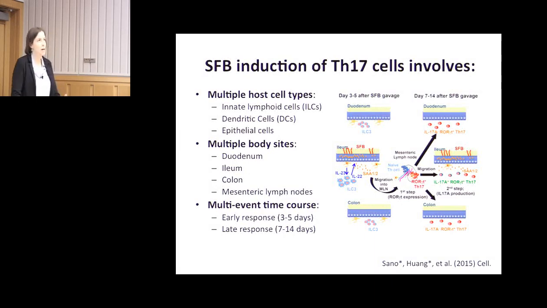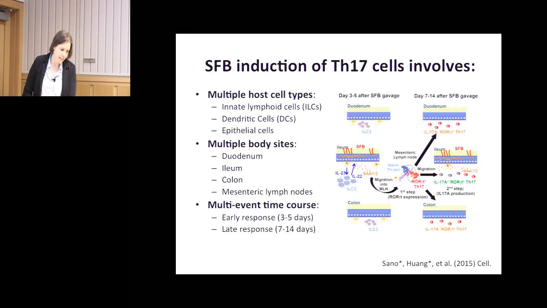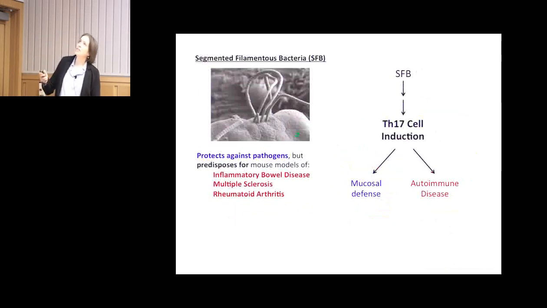And so at early time points, you don't have these Th17 cells, but there are unique responses in some cell types. Later on, you get an expansion. And so this is a complex process involving a number of different cell types. And it leads to some interesting phenotypes.